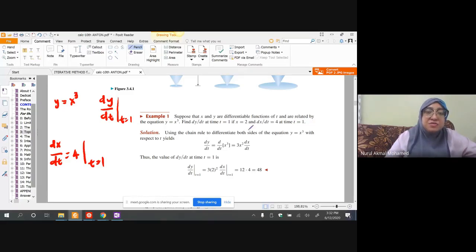Okay, we want to use chain rule. So we have y equal to x cubed.